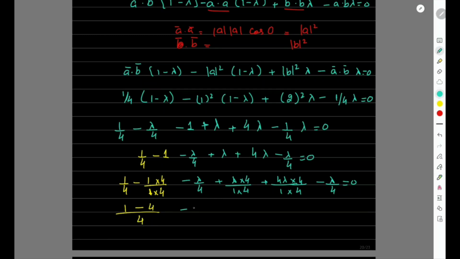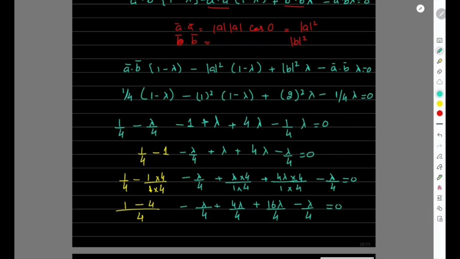Similarly, lambda minus lambda by 4 plus 4 lambda, plus 16 lambda, minus lambda by 4 is equal to 0.